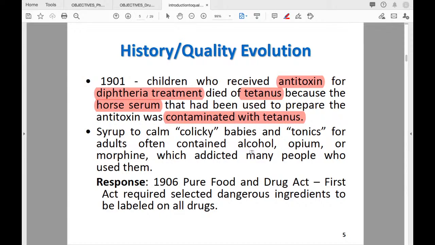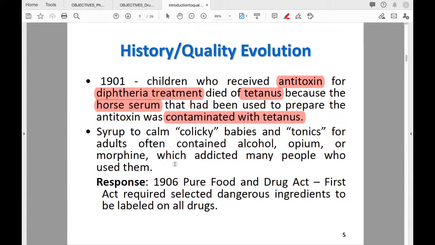But people started to get addicted, because once you take them, you want the same effect on your body, your neurons, your circulatory system, and it feels good for some time. But once you are addicted, it becomes part of your signaling system.